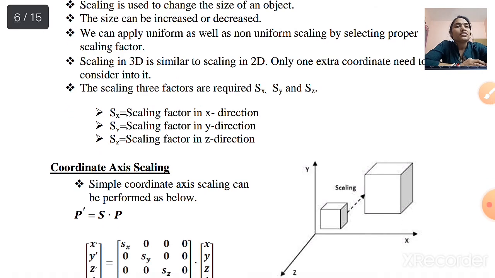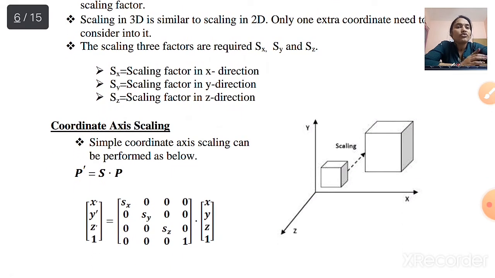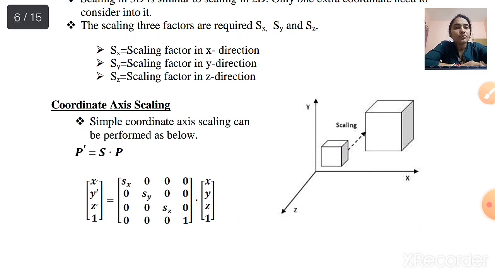Three scaling factors are required: sx, sy and sz. Sx is the scaling factor in x direction, sy is the scaling factor in y direction, sz is the scaling factor in z direction.